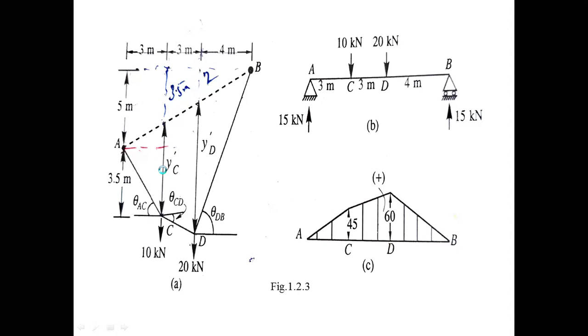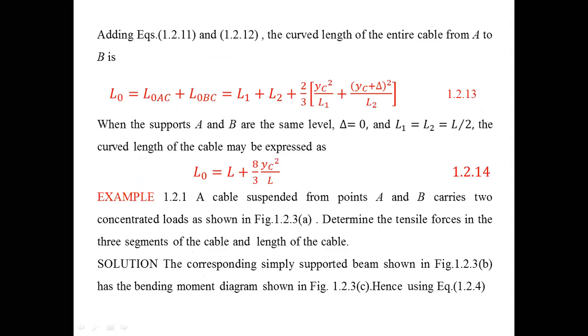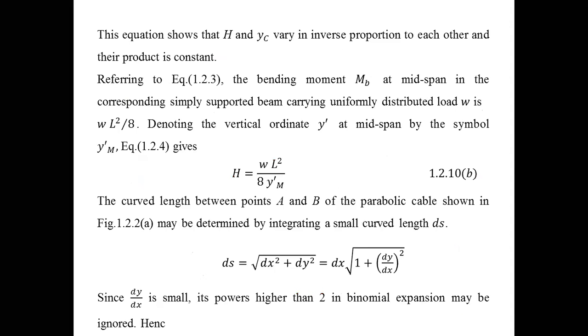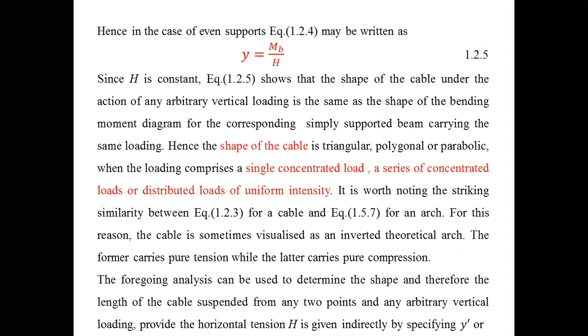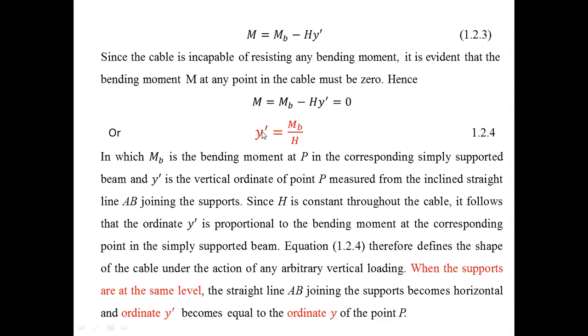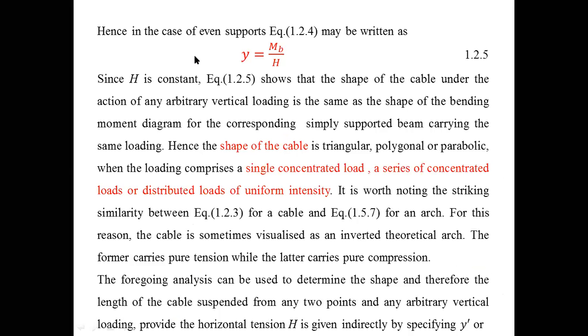Let us see. H is equal to M by y. If you know the bending moment at the point, and the vertical ordinate from the inclined line AB, then you can find H equal to M by y dash. If the supports are even, it is M by y.